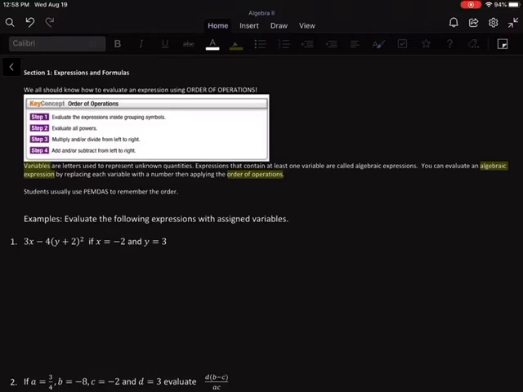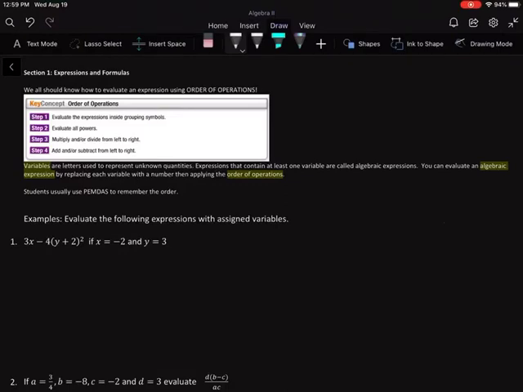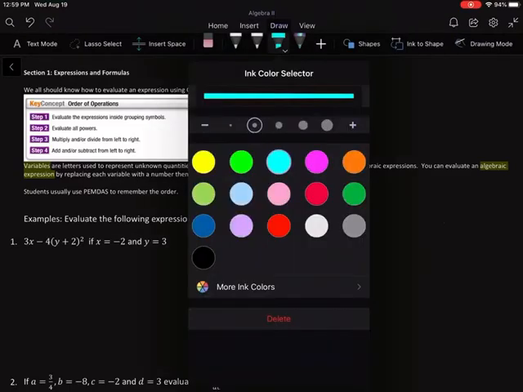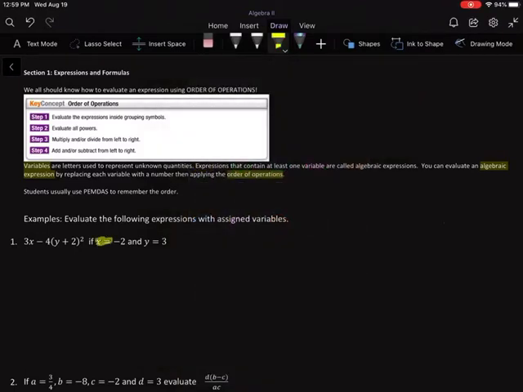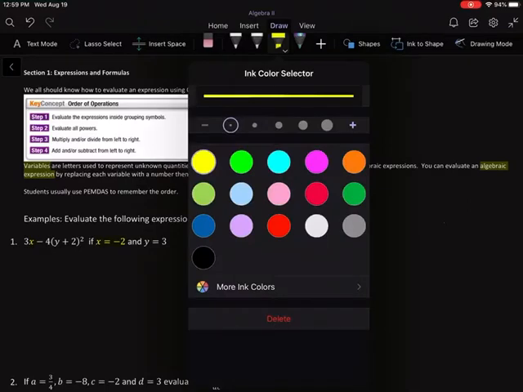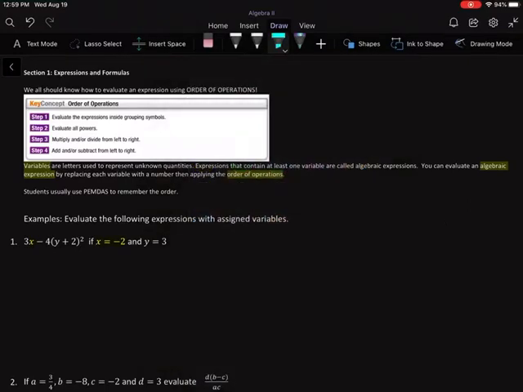If we look here, we have X and Y representing some type of quantity. We plug the value for X into the X variable, and the value for Y into the Y variable.